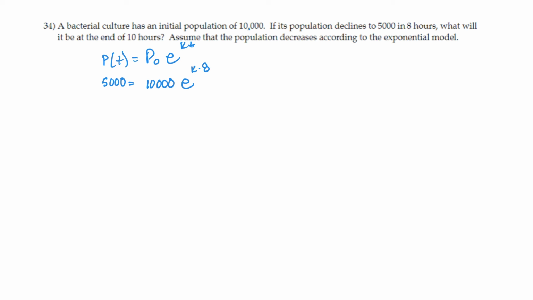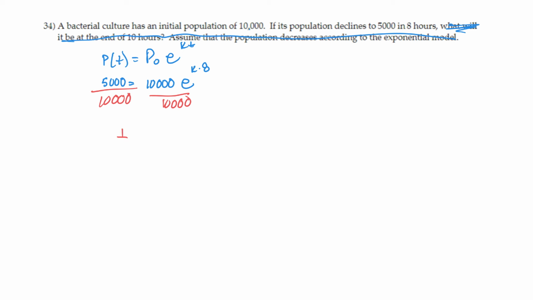Now, before I even read any more, don't even look at the rest of this stuff. We'll bring it back. But before I look at any more, I can solve for k, because I have everything except for k, right? e is a number, 2.71828, etc. So I can solve for k. Let's first divide both sides by 10,000.